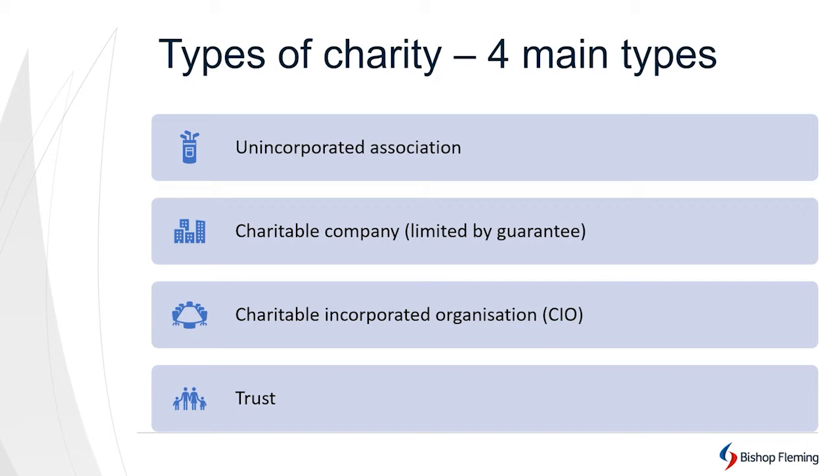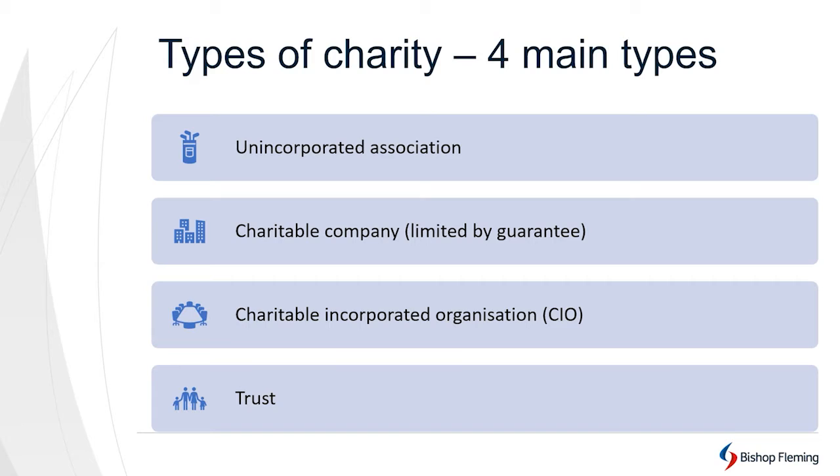So, types of charities. There are four main types of charities really, and if we start with the simplest, it's an unincorporated association. These are not a legal entity in their own right. So trustees and anybody connected to the charity have unlimited liability effectively, but they are simpler to run.